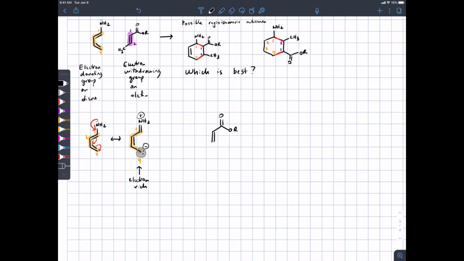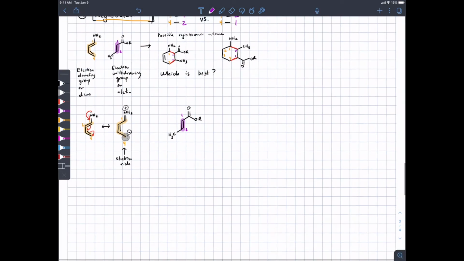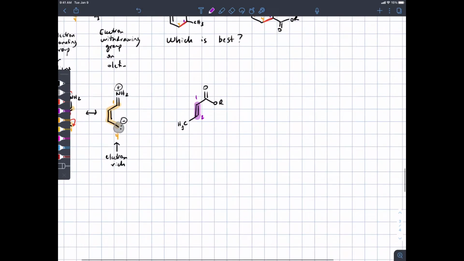we can look and see whether one of the two carbons of the olefin, 1 versus 2, sorry, is more electron poor than the other. Whenever you have a carbonyl adjacent to a pi bond, this is a situation in which you can draw a resonance structure that would put a lone pair with a negative charge on the oxygen and a positive charge on the carbonyl carbon.